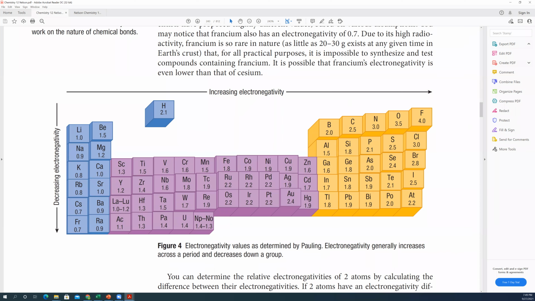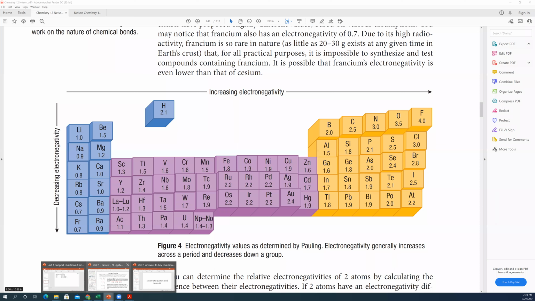So things on the left have lower electronegativity, and on the right they have more. So on the top right, oxygen and things around those. Oh yep, oxygen. What was that one? F, fluorine. Oh yeah, fluorine. And nitrogen. Nitrogen, yes, and to a certain extent, even chlorine is there too.